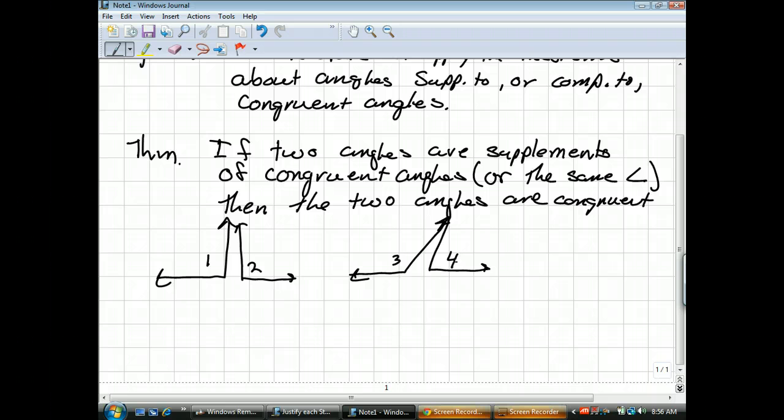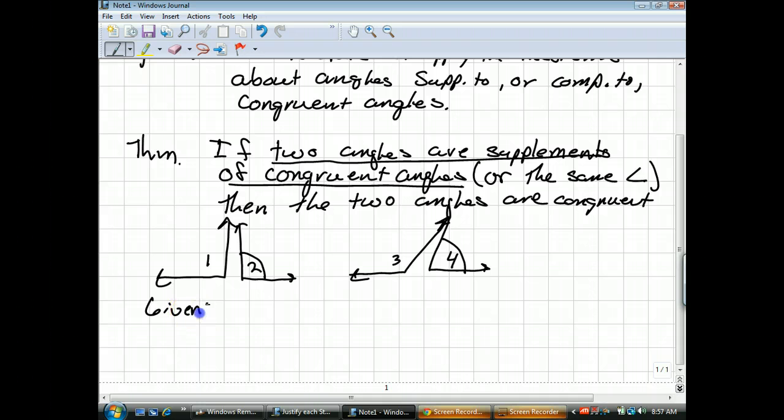So it's saying if angle 2 and angle 4 are congruent, then that must mean that measure of angle 1 and measure of angle 3 are equal, and therefore they are congruent also. So the given here is two angles are supplements of congruent angles. Okay, so that's our given.